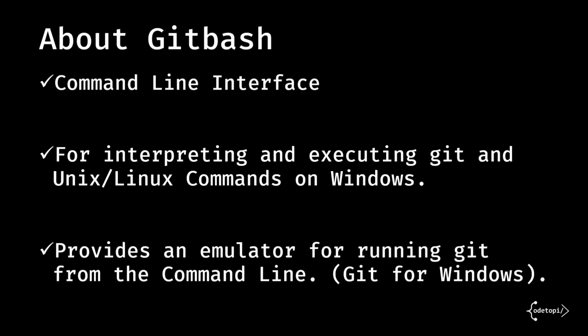So just understand that Git Bash is a command line interface. It can be used for running Git commands and also Linux and Unix commands on Windows, and also it serves as an emulator for running Git commands on Windows, which most of you will probably call Git for Windows. Okay, let's move on.